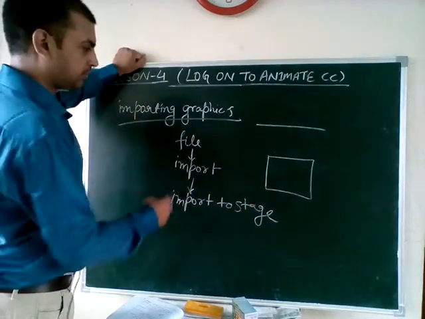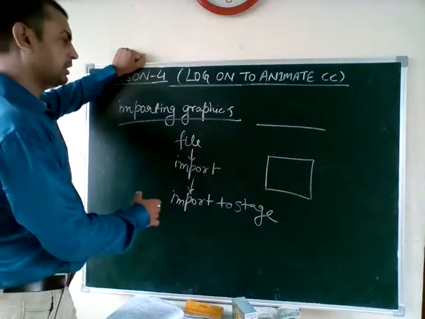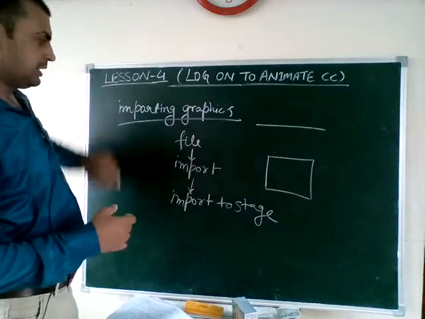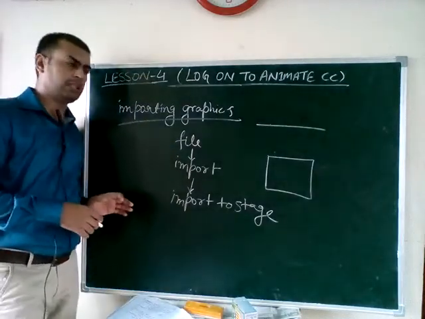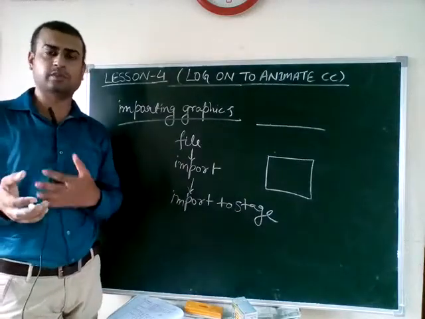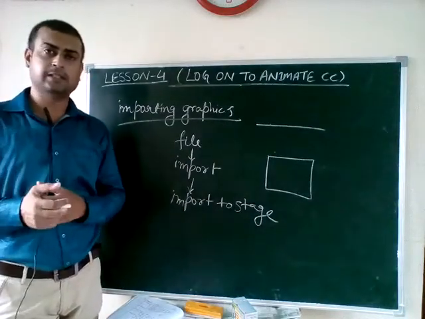Now that photo which you have selected will be present on the stage in front of you. So this is the method by which you can import any photo downloaded from Google or from a pen drive when you copy a photo from another place.